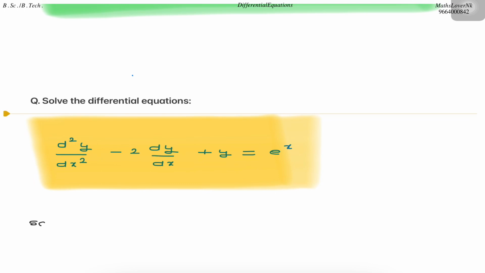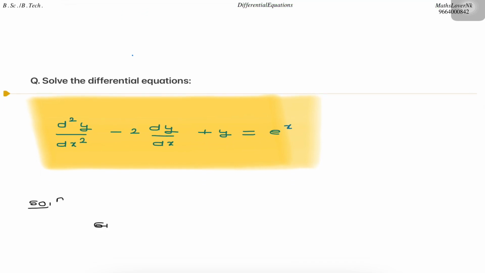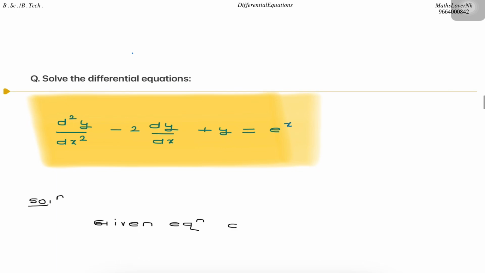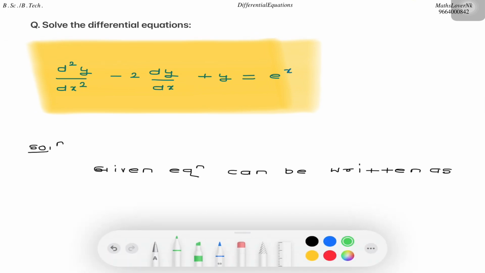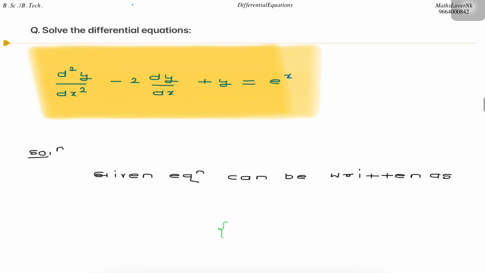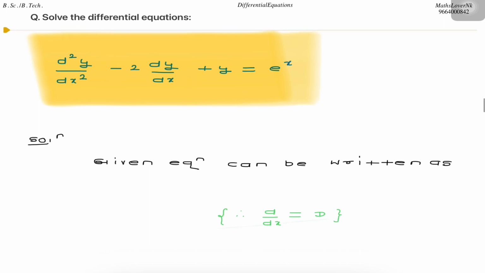At first, write down the given equation can be written as: put d by dx is equal to capital D. When we put d by dx is equal to capital D, we get d square y.